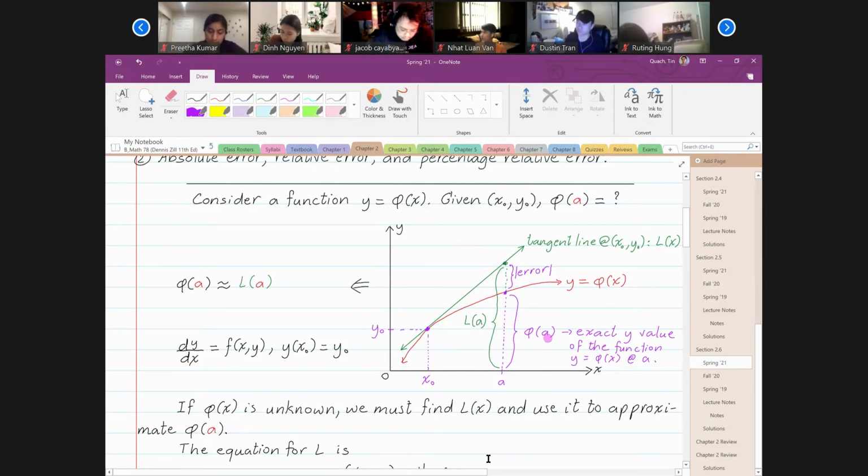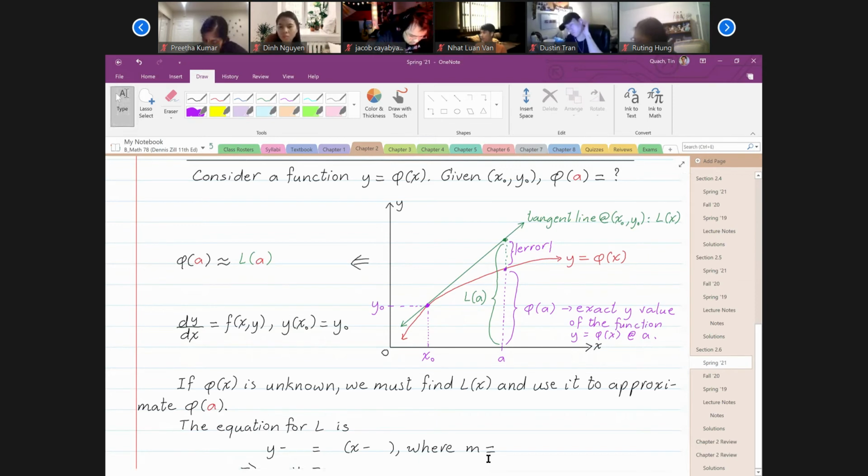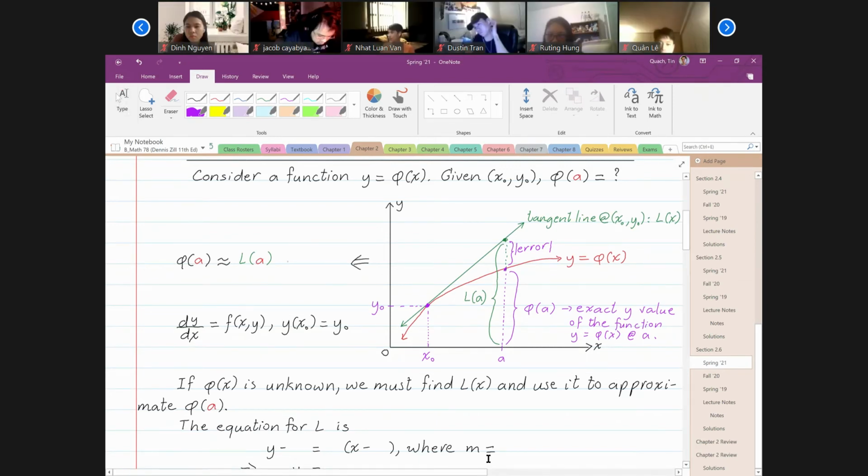When the actual value is smaller than the approximate value, you get a negative number, so you take the absolute value because we always talk about a positive value for an error. All right. So we say phi of a is approximately equal to L of a, with an error equal to whatever that value is inside the absolute value.